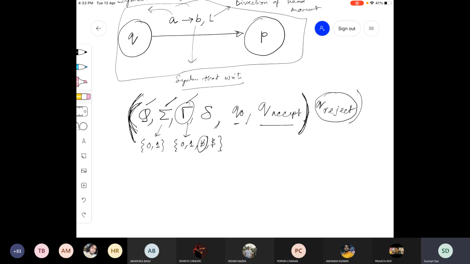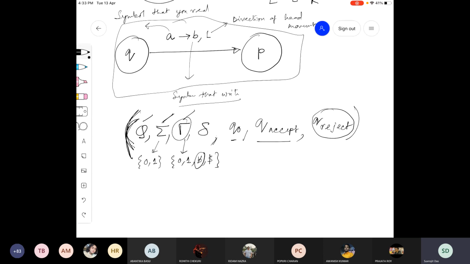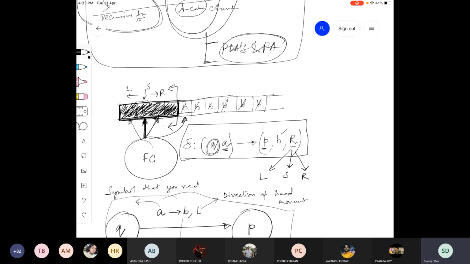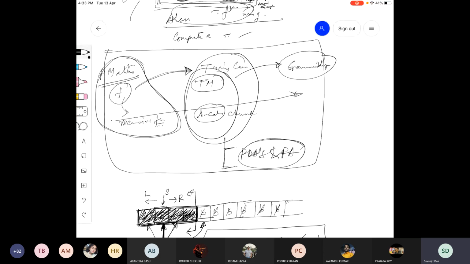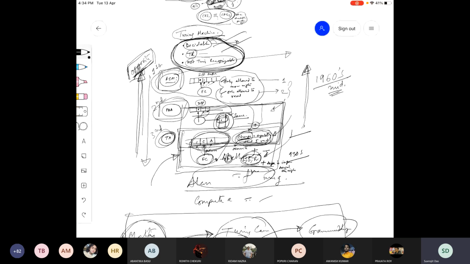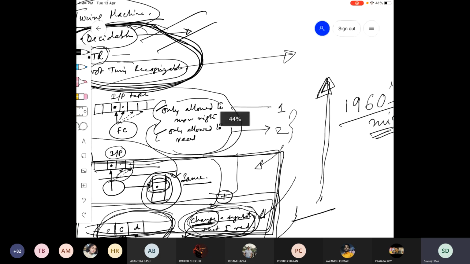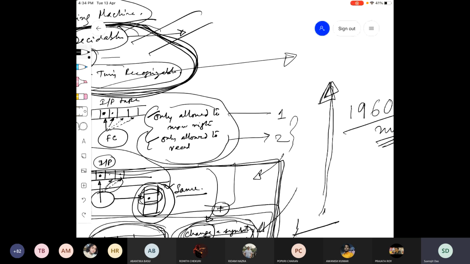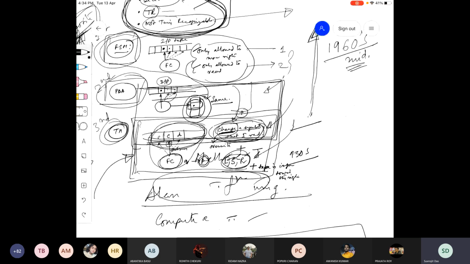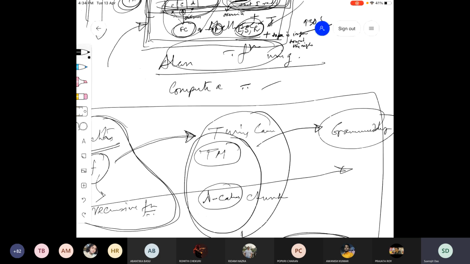This is the tuple. But I would prefer to have a reject state also, because with the Turing machine, other than designing a dumb machine and showing some examples, I find it more responsible on my part to talk about how to tackle these language classes, like decidable languages, Turing recognizable languages, and non-Turing recognizable languages.